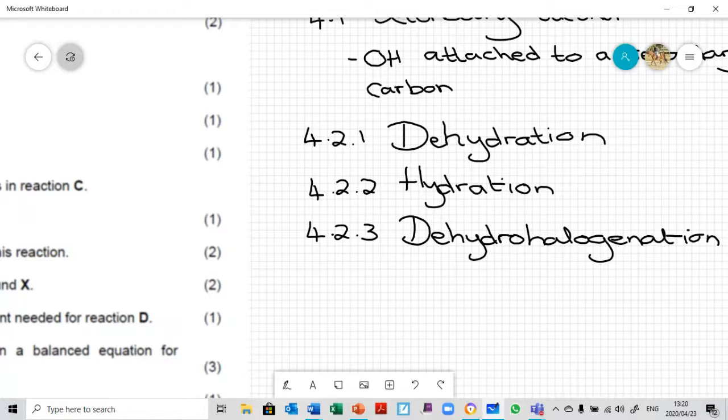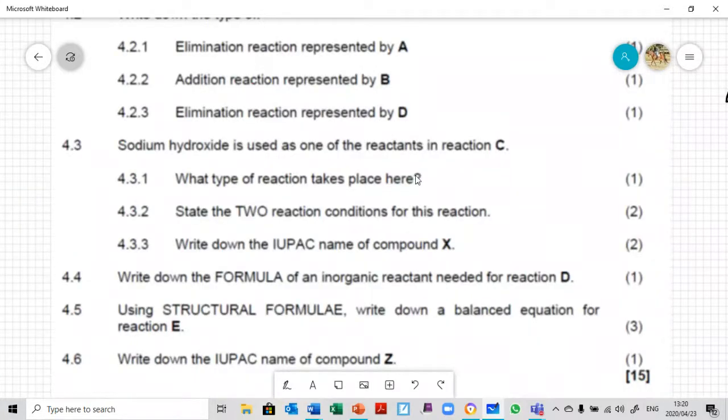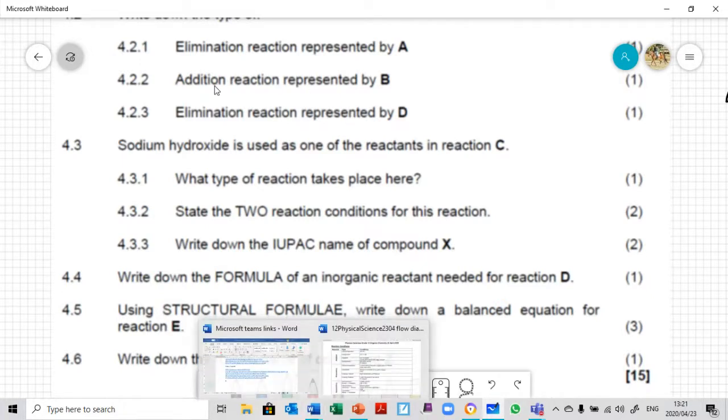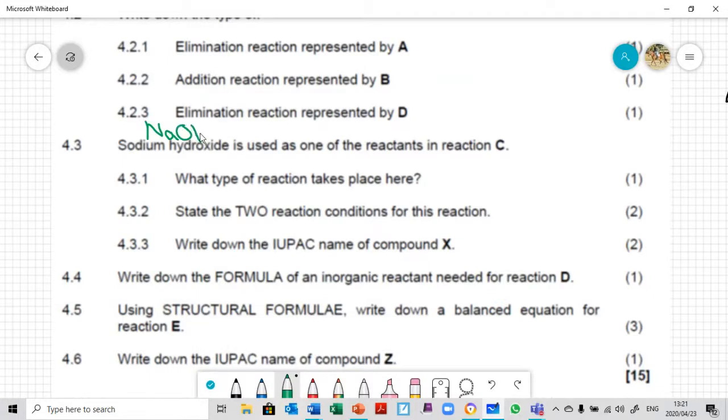Oh, now we start talking about reactions and reaction conditions. We're talking about reaction C, and we get told sodium hydroxide gets used. Just so I don't get confused, we have sodium hydroxide.